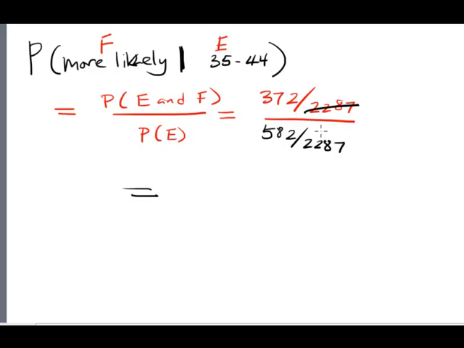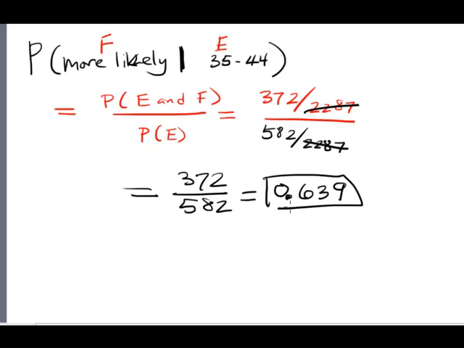Turns out that these totals are just going to go away, and I'm left with 372 over 582. And if you work that on your calculator, you get an answer of 0.639. That's using the general multiplication rule.